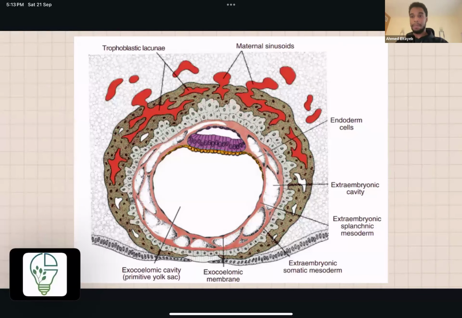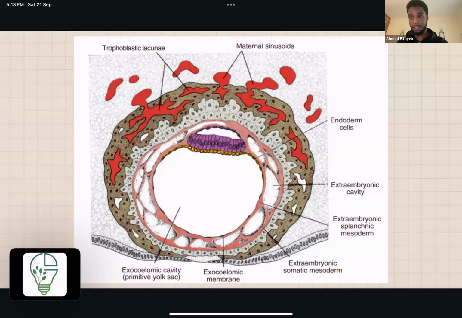Okay. So on days 10 to 12, again, the cytotrophoblast still has lots of proliferation at the embryonic pole, okay? But there's something new about the lacunae. There's blood in them. So the syncytial trophoblast latches onto the maternal capillaries, and it degrades their walls.